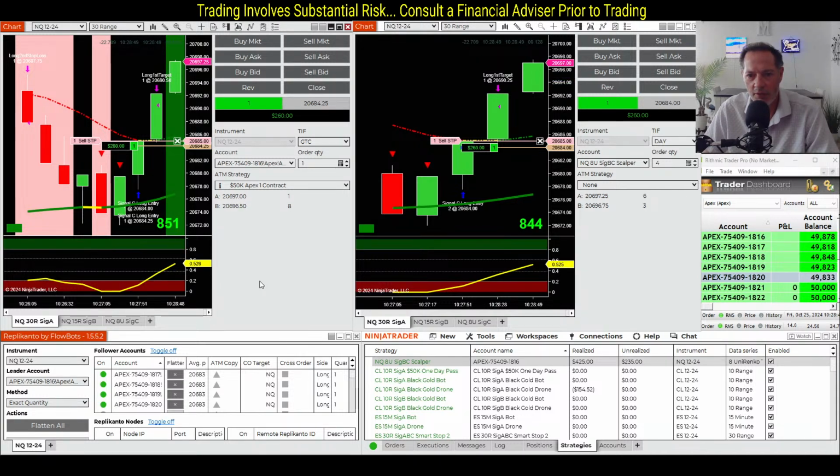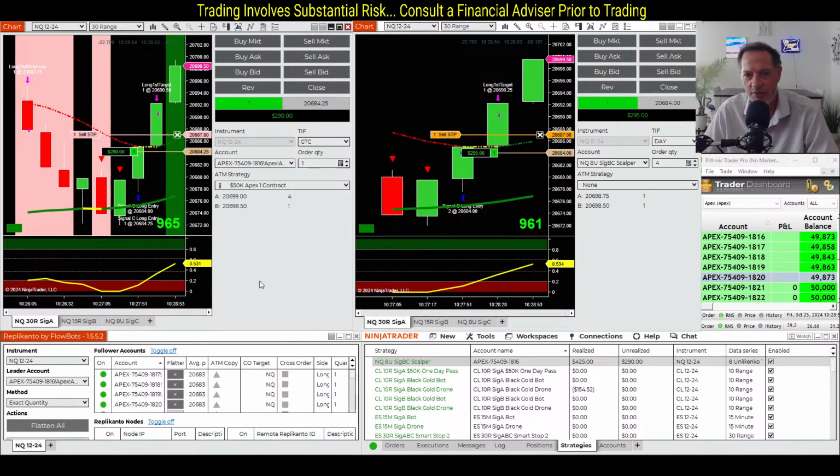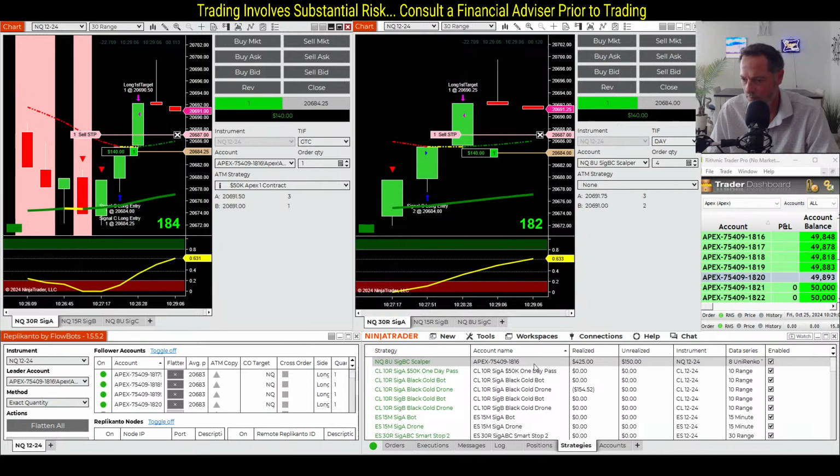Runs the naked runner out 250, so it's 250 runner right behind it, 50 ticks. But again, you can close it any time. Trying to get up here to break even. Order filled. Coming back on us.